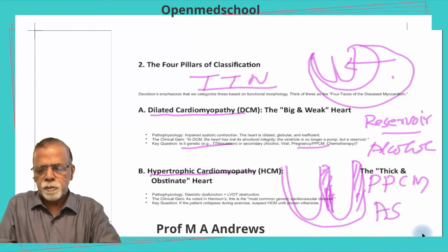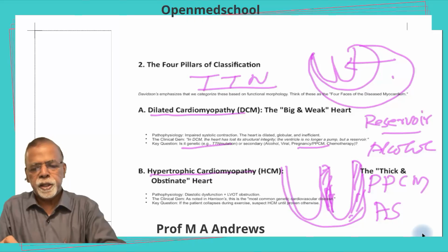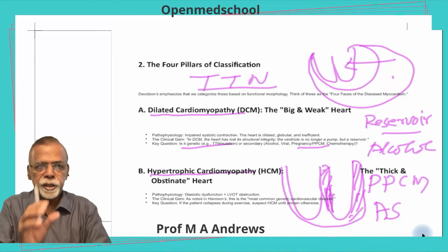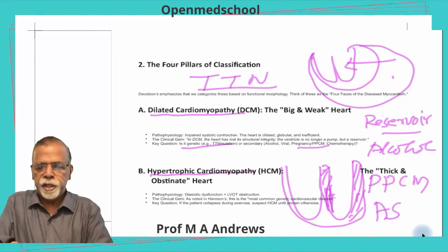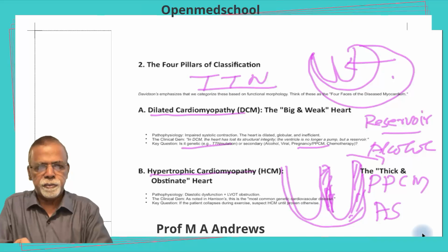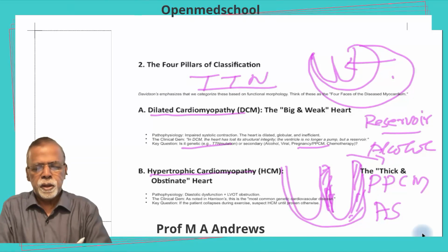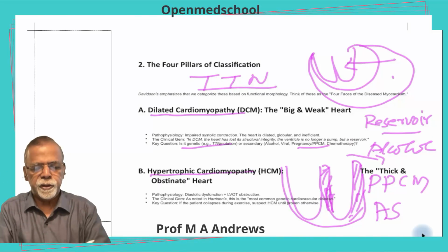And as the muscles are hypertrophied, the main problem is diastolic dysfunction. The ventricle fails to relax properly. So DCM is a systolic dysfunction, whereas hypertrophic cardiomyopathy is a diastolic dysfunction. The most common genetic cardiovascular disease probably is hypertrophic cardiomyopathy.